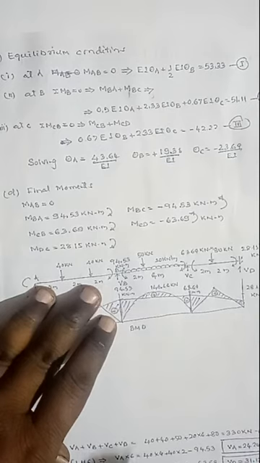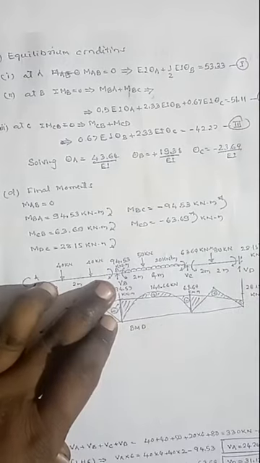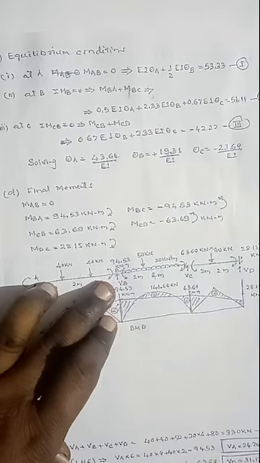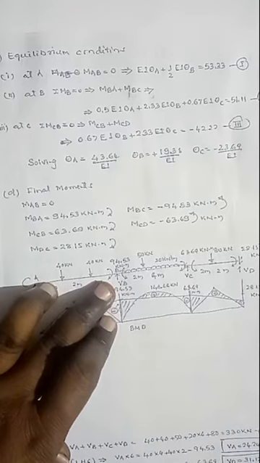28.15, that one is clockwise, this moment is anti-clockwise, then 28.15 Vd, that one is 31.12, that one is anti-clockwise, the distance is 6 plus 4.